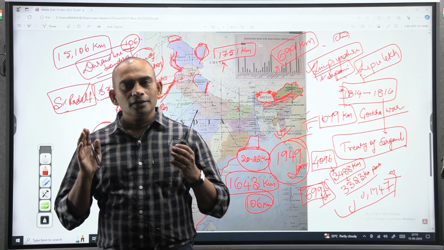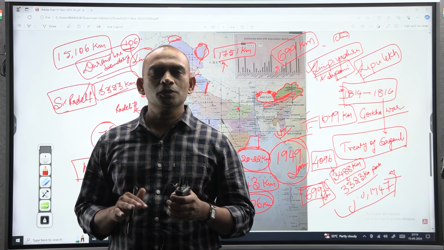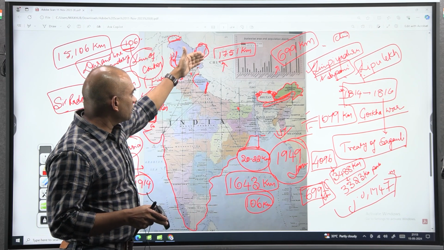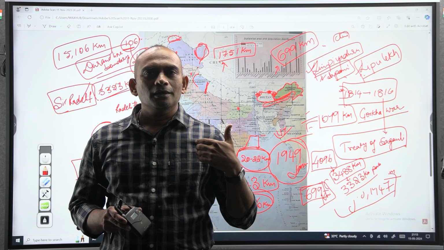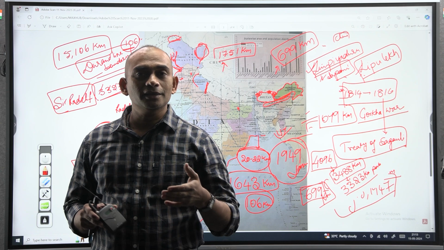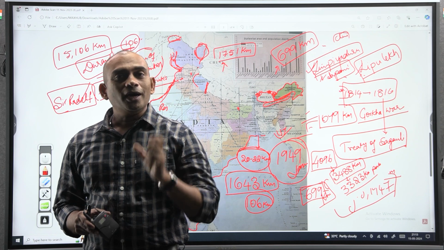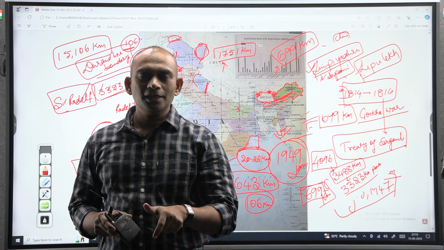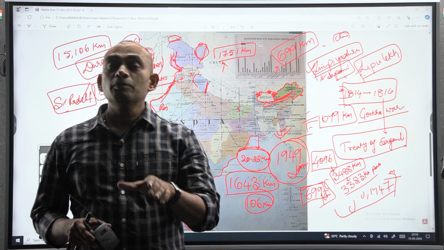Suppose some country occupied a region of another country, like China occupied this Ladakh region. That's the reason so many military commanders are having flag meetings and negotiating with the Chinese army generals. China intruded into Indian territory, and the people of Ladakh are also raising their claims.